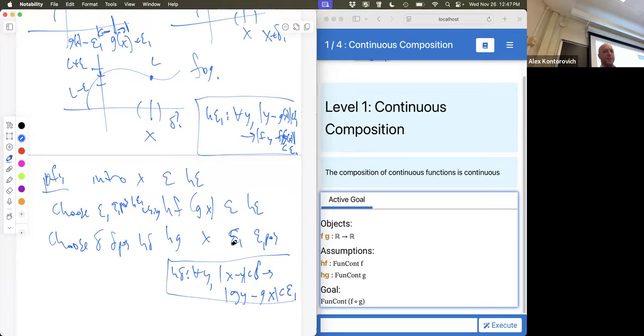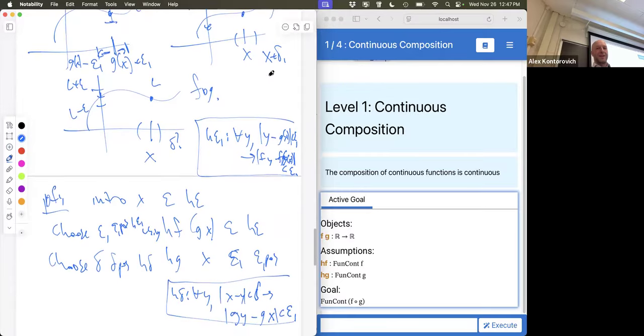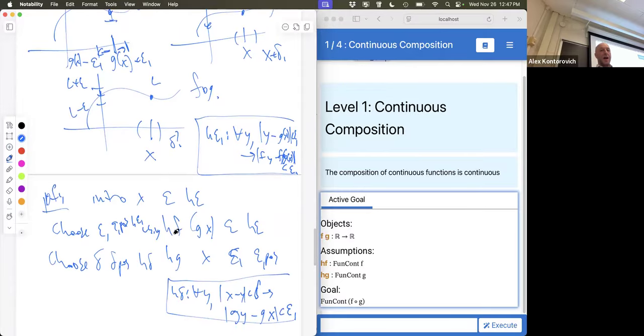We get the epsilon that we fed into the continuity of g is epsilon 1. But in H epsilon 1, we're using only epsilon. In H epsilon 1, we're saying as long as y is within epsilon 1 of g of x, f of y will be within epsilon of f of g of x.